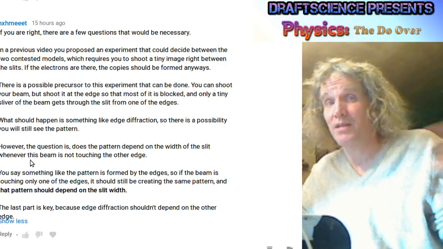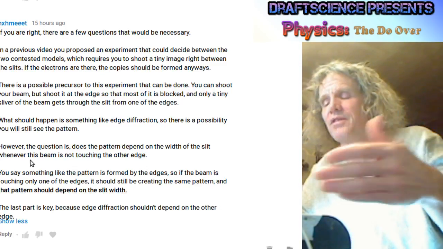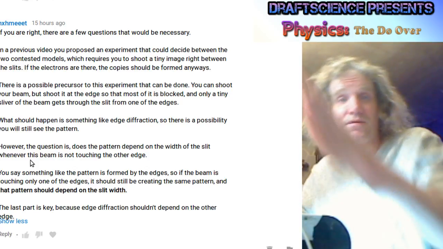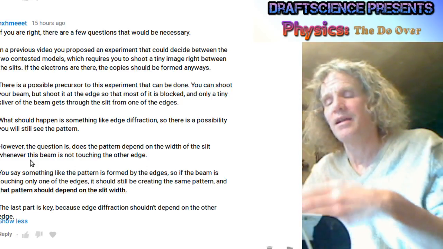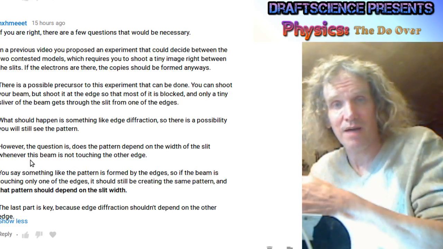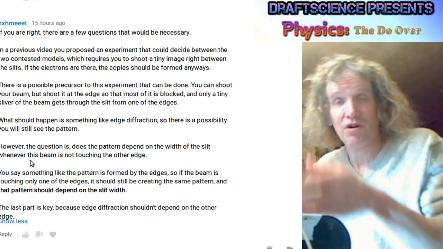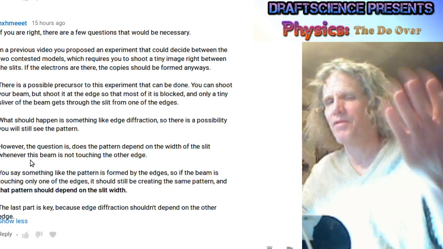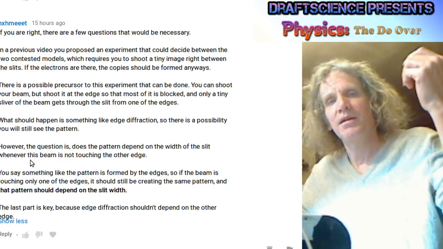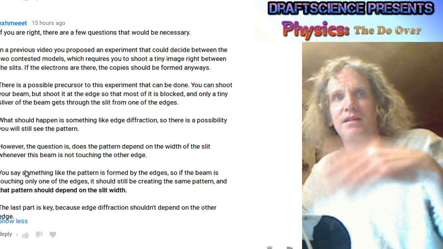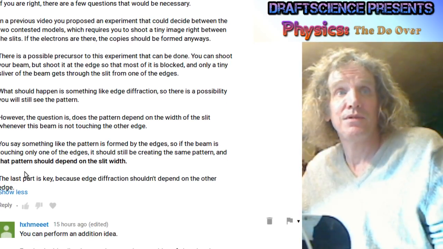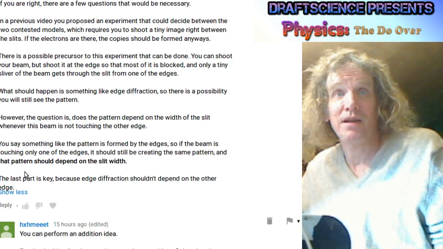There could be lots of arguments that we're not noticing in terms of there's energy going into the system, not just the photons that go through the slits, and that energy could be affecting something that would be a surface phenomenon. So if I'm right that the surfaces are causing the phenomenon, it would be perfectly reasonable to speculate that there's going to be some effect from the energy of the beam itself hitting the material. Alright, you say something like the pattern is formed by the edges.